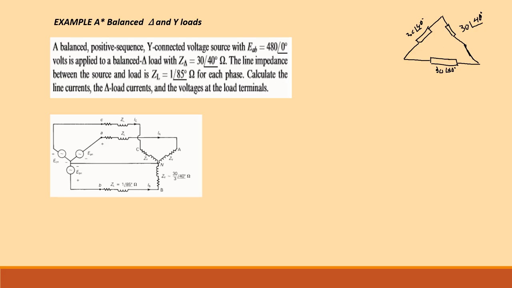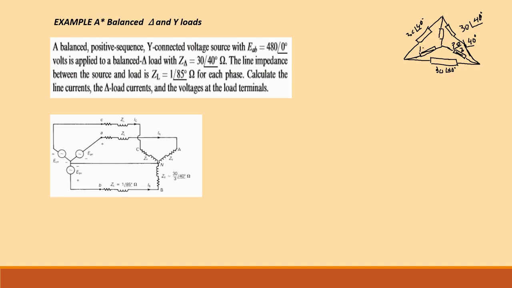To simplify the system, we have to convert the delta connected load to a star connected load. So we have a star equivalent load. The star connected load, as you know, is equal to 30 divided by 3 and an angle of 40 degrees.